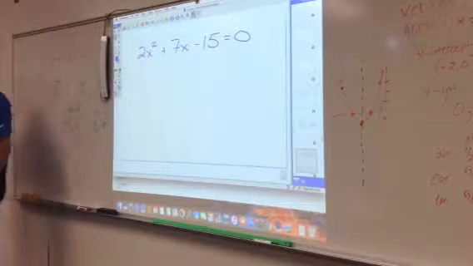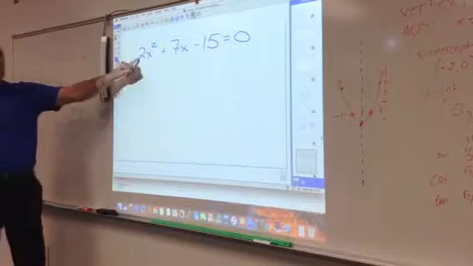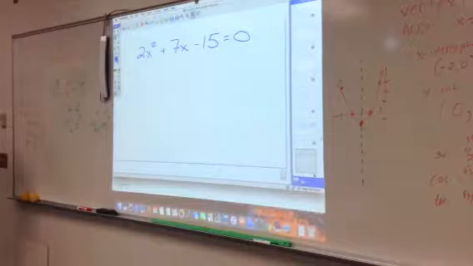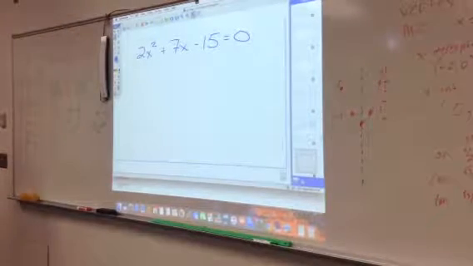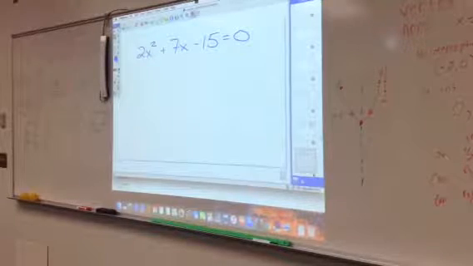This one's a little tricky because now I threw a coefficient in front of the x squared. It's not just x squared. I'm going to show you a couple ways you can do this.